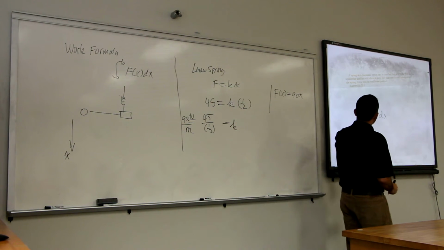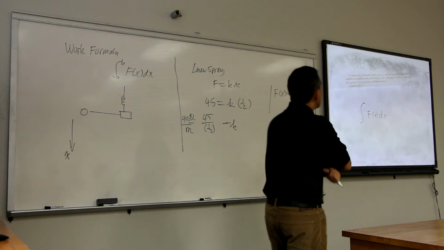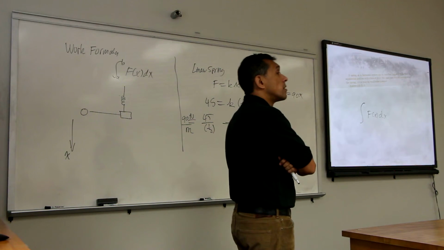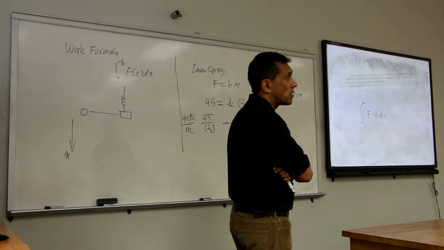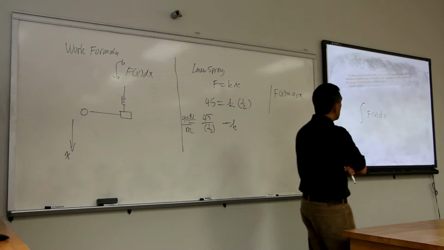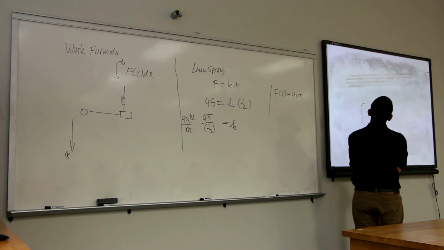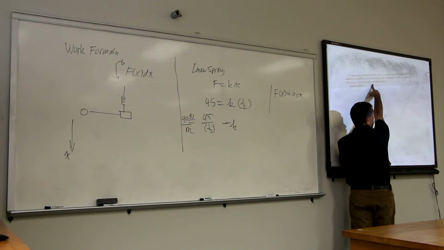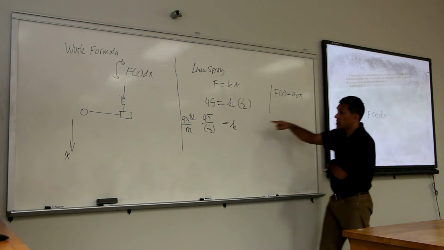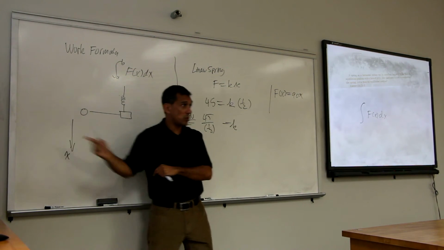From where to where? We're going to go from its equilibrium position. What's the equilibrium position? 0. So x equals 0.